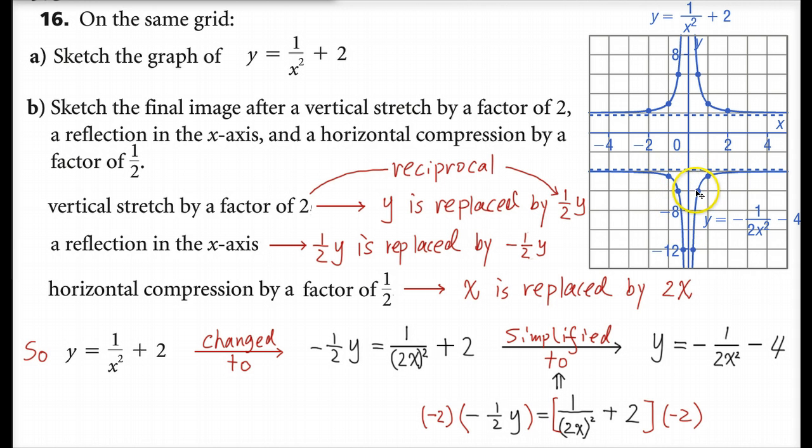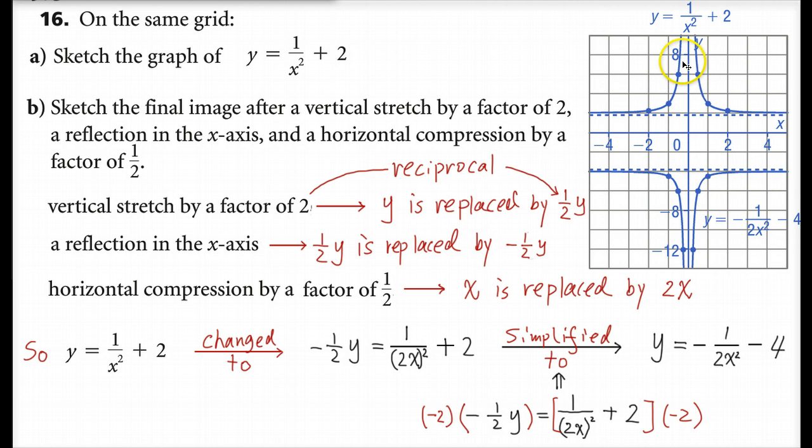I may explain it in a different case. But anyway, the combined effect of vertical stretch and horizontal compression is going to eventually make it look skinnier. Because x is squared, you can think of it as either a vertical stretch or a horizontal compression. So you can see this one is skinnier.